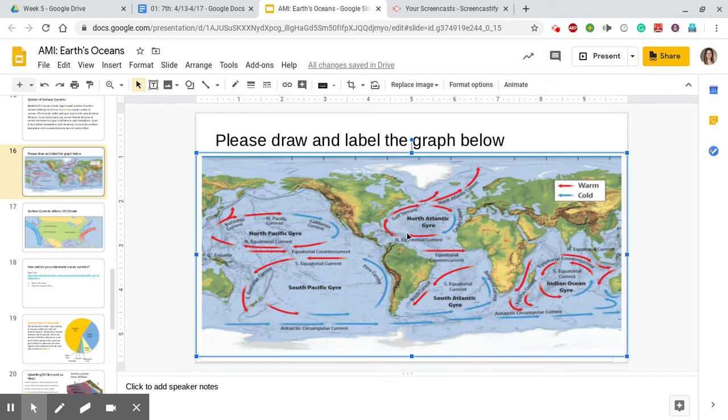And then we have the Gulf Stream on our east coast, okay? That is part of the North Atlantic Gyre, which is bringing in warm water from the equator up onto our east coast, causing a warming effect on our east coast. Okay, so that's what we talked about last week.